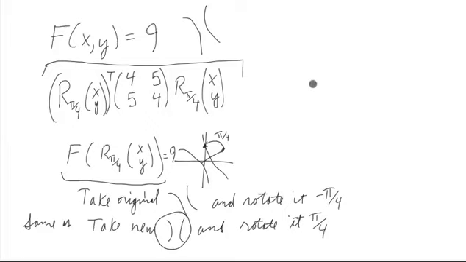Now this graph is in a more standardized position between the axes. But if you take this new graph and rotate it pi fourths counterclockwise, you actually get back to this graph. So that's interesting, because we're actually rotating the original graph by negative pi fourths, but from the new to the original, it's pi fourths.